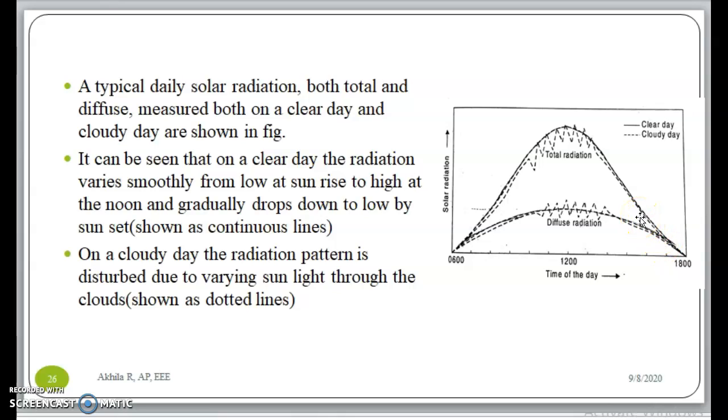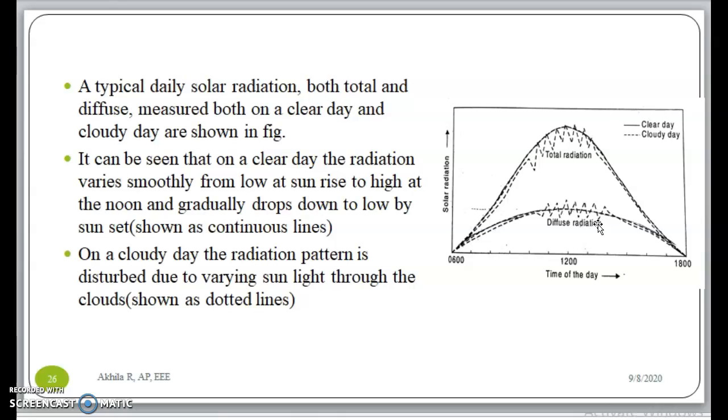It can be seen that on a clear day, the radiation varies smoothly from low at sunrise to high at noon, and then gradually drops down to low by sunset. Okay, for the continuous lines, solid lines. So on a cloudy day, the radiation pattern is disturbed due to varying sunlight through the clouds. So that is why you can see the variations in the dotted lines as an exact pattern.